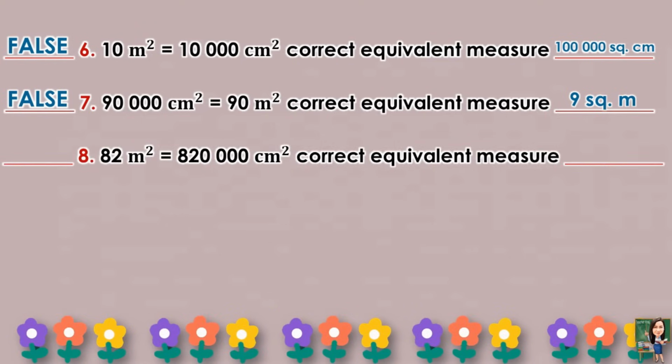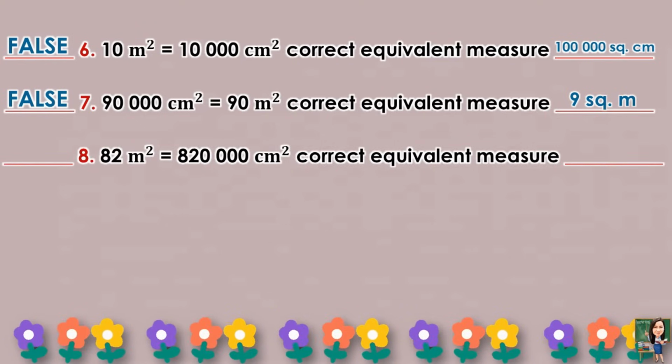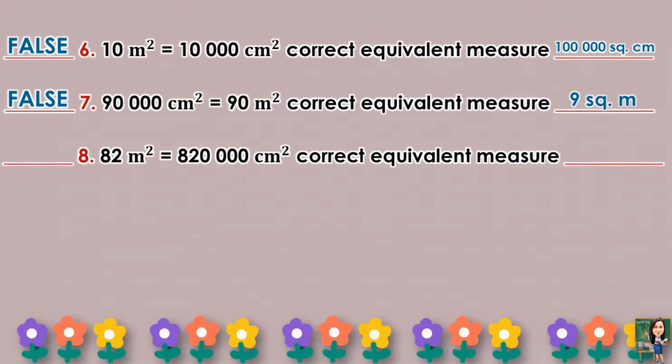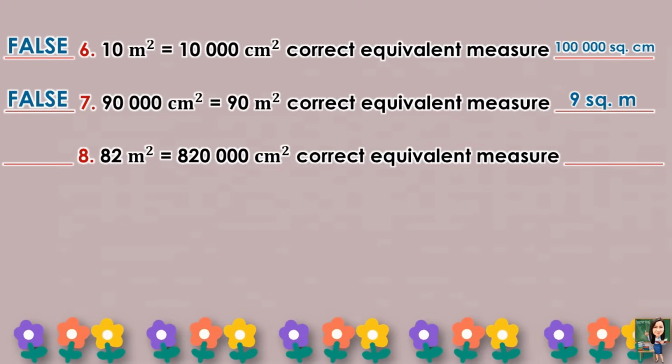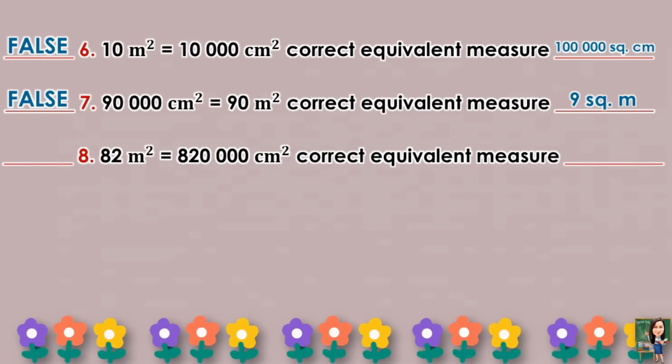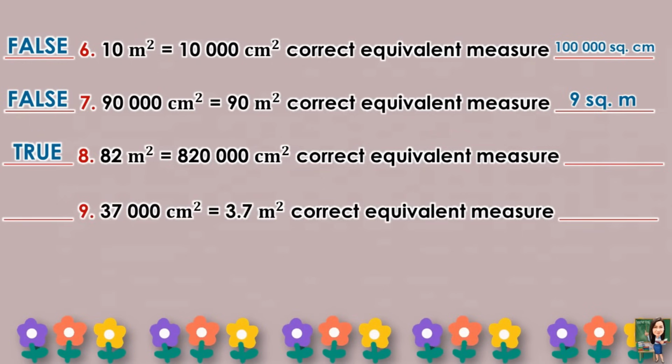Number 8. 82 square meters is equivalent to 820,000 square centimeters. Is it true or false? Very good. The answer is true. Number 9. 37,000 square centimeters is equivalent to 3.7 square meters. Is it true or false?